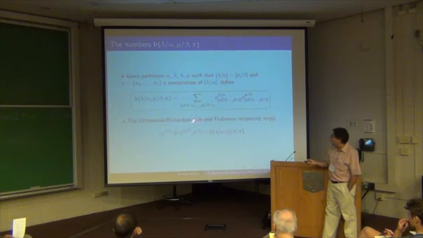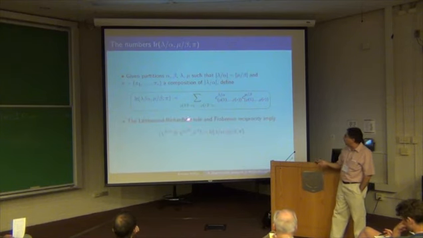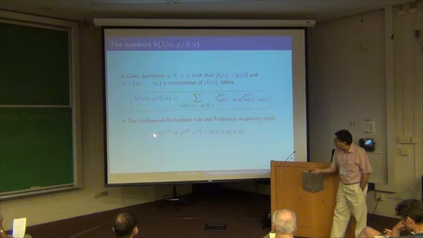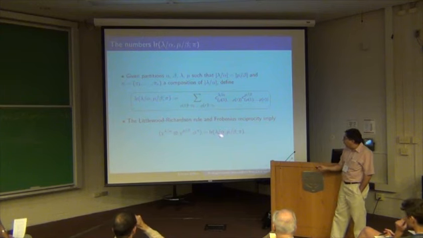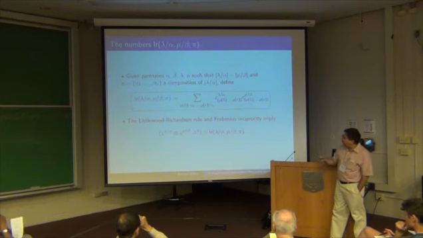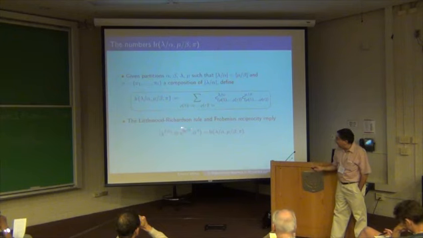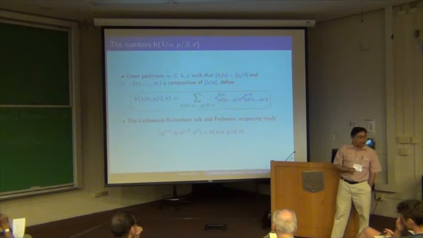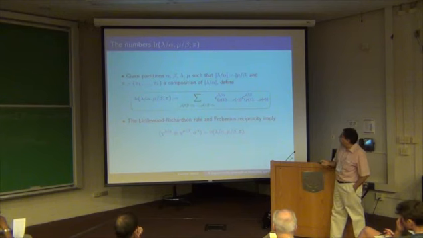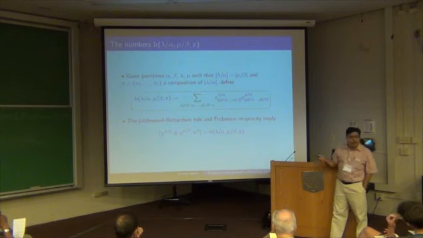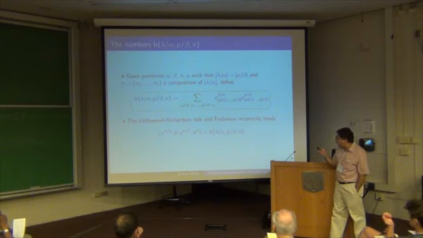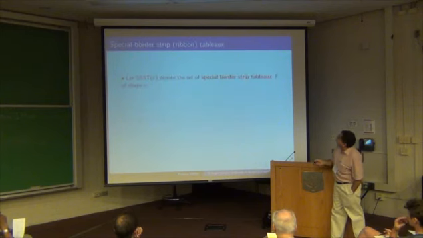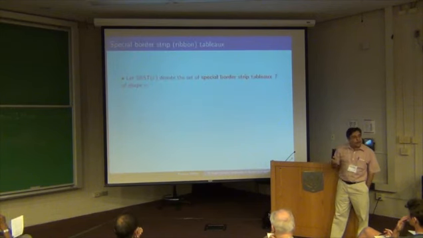With this number, we have, using the Littlewood-Richardson rule and Frobenius reciprocity, that this inner product is equal to this combinatorial number. In the previous slide, alpha and beta were empty, and these numbers were used to compute the Kronecker coefficient as an alternating sum. So this is essentially the Robinson-Taulbee method.